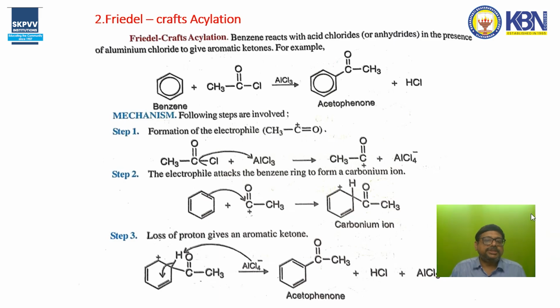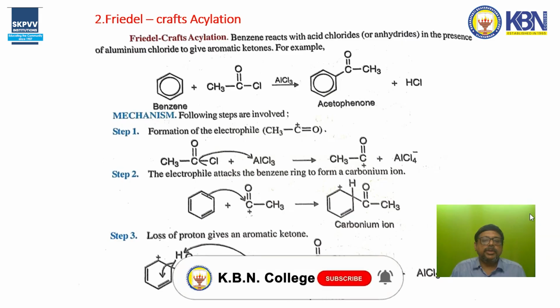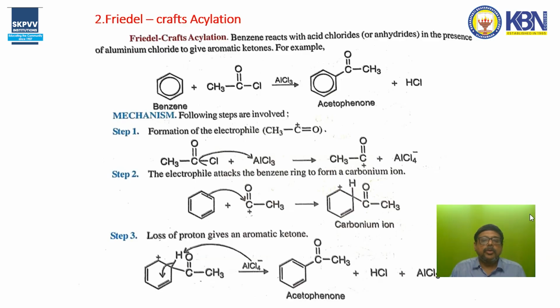In the next step, the acetyl carbocation, which acts as an electrophile, attacks on the benzene ring to form a carbonium ion. So this carbonium ion, finally it loses a proton, gives an aromatic ketone. Here aromatic ketone is acetophenone.